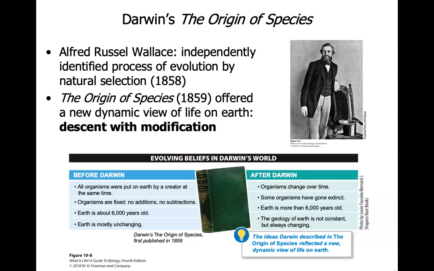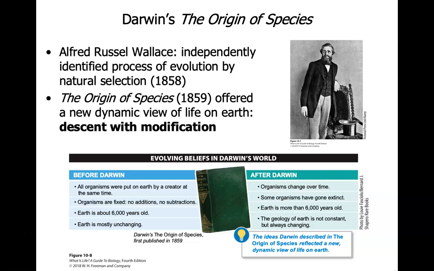So Charles Darwin wasn't the only one who came up with this idea of evolution by natural selection. There was another man working at the same time named Alfred Russel Wallace. Now, Wallace was actually working in Malaysia. He was working in the Malay archipelago, between Asia and Australia, all those islands there.